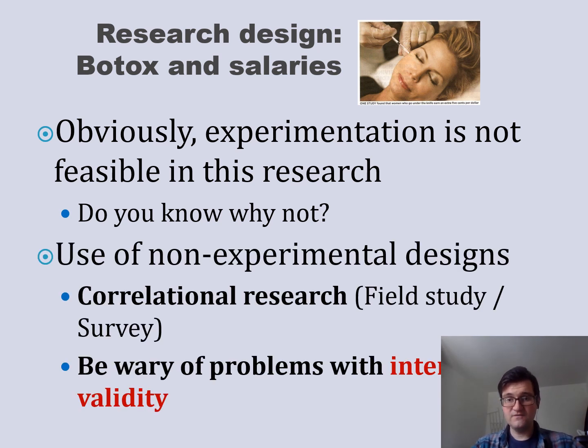And so that's the use of non-experimental designs. Sometimes this is called correlational research, and people will typically use that especially when they're describing surveys, but also any kind of field study. The idea here is that when we're talking about non-experimental research, these are cases where we do not have full experimental control.